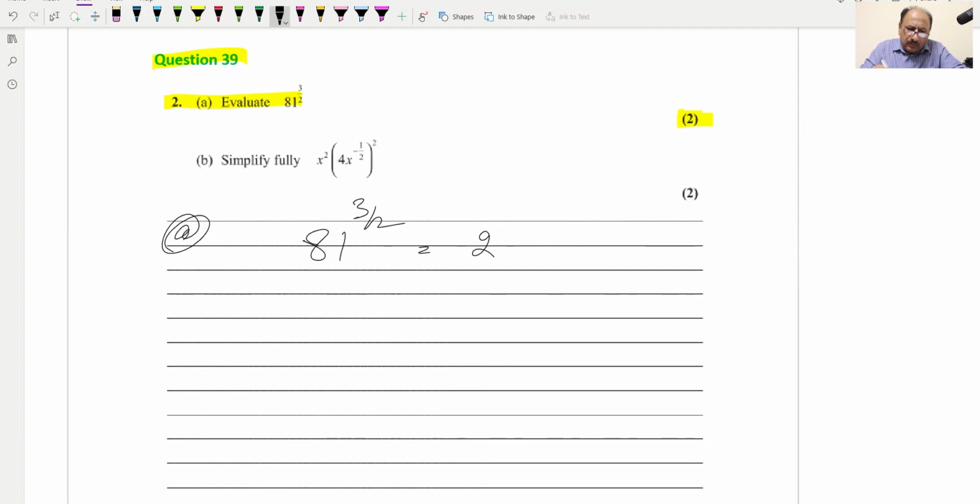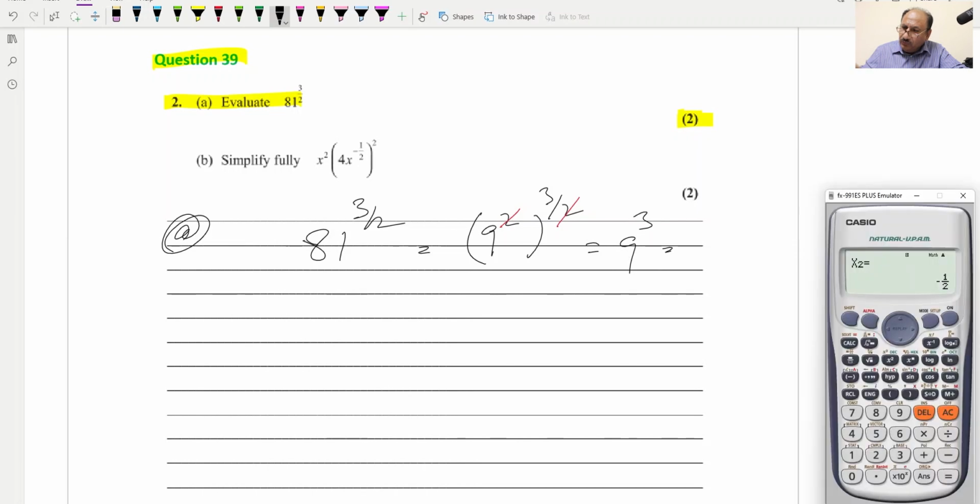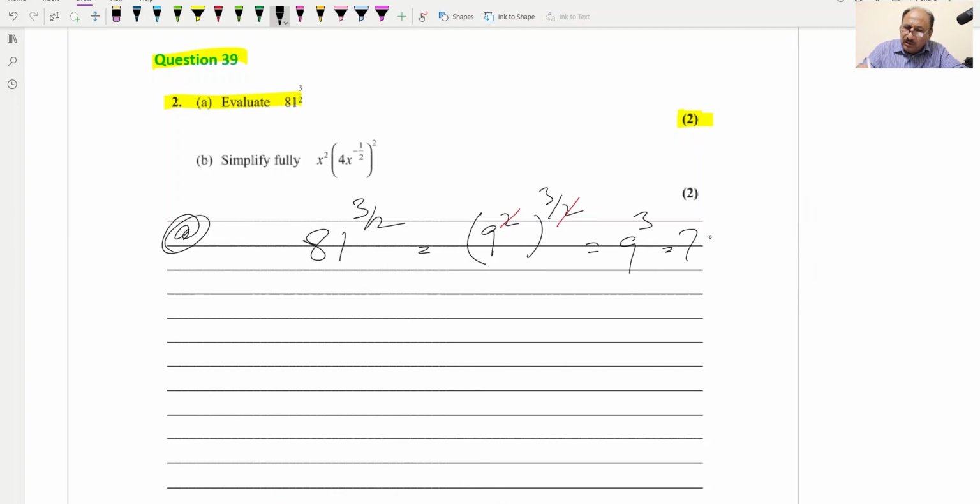What we can do, we can write it as 9 squared will be 81, so raised to power 3 by 2, and further we can cancel this, and this will be equal to 9 cubed. We can use a calculator to find 9 cubed. So 9 cubed will be equal to 729. 729 will be the final answer.